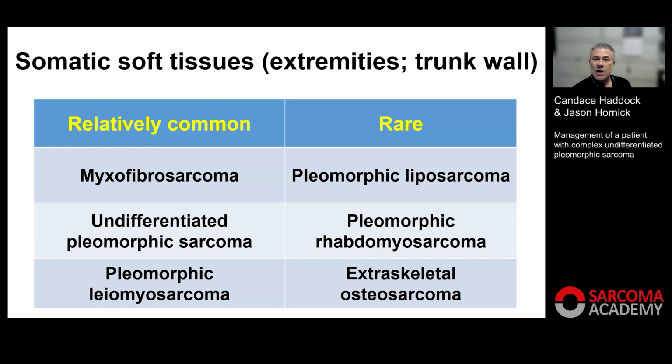Leiomyosarcomas most often are spindle cell neoplasms, but some examples have quite striking pleomorphic morphology. Other sarcomas in this histologic bin are very rare. We certainly see them when we work in sarcoma multidisciplinary practices, but they're very uncommon.